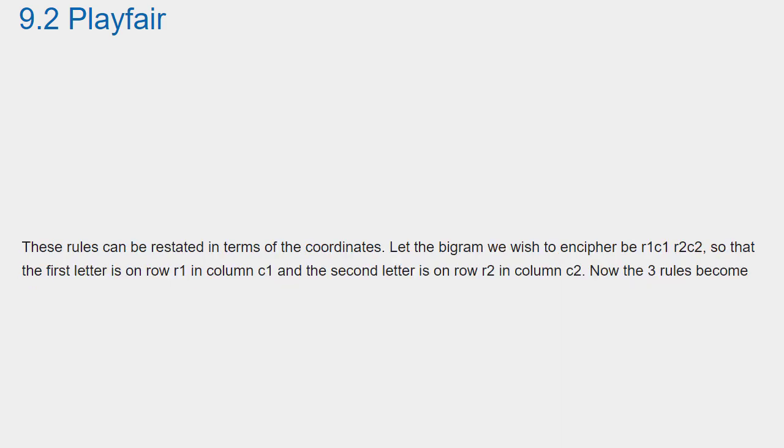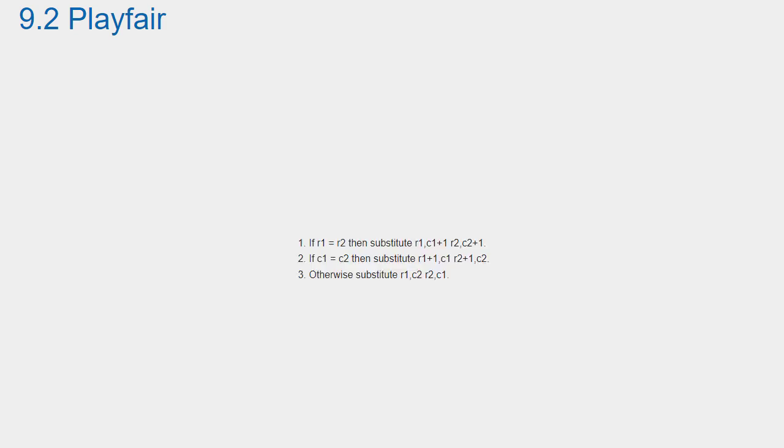These rules can be restated in terms of the coordinates. Let the bigram we wish to encipher be R1C1, R2C2, so that the first letter is on row R1 in column C1, and the second letter is on row R2 in column C2. Now the 3 rules become: 1. If R1 equals R2, then substitute R1 C1 plus 1, R2 C2 plus 1. 2.